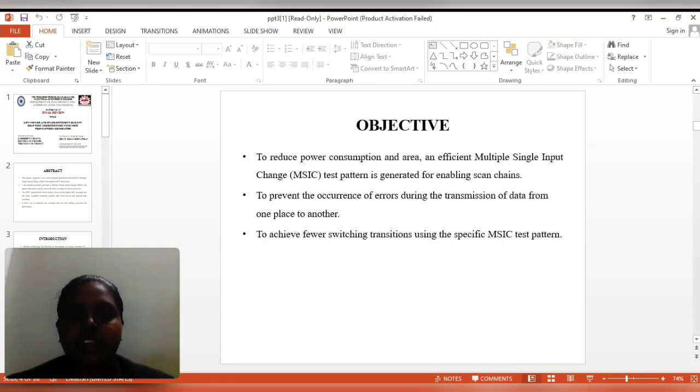Objective: To reduce power consumption and area, an efficient MSIC test pattern is generated for enabling the scan chain to prevent the occurrence of error during the transmission of data from one place to another, and to achieve fewer switching transitions using the specific MSIC test.